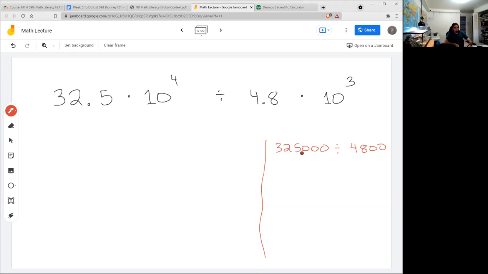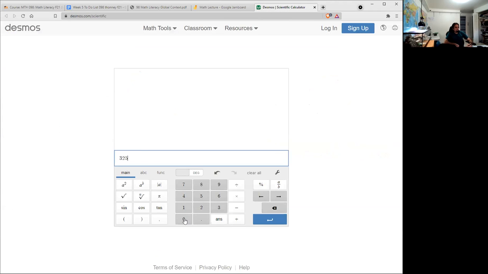My regular numbers aren't so terribly difficult to write. Why would I ever want to do it in this sort of confusing format? I can just put into my calculator 325,000 divided by 4,800, and get about 67.7.